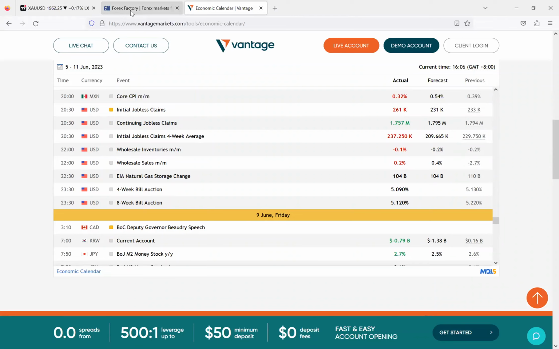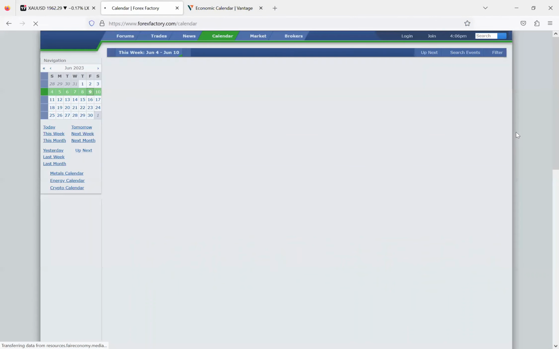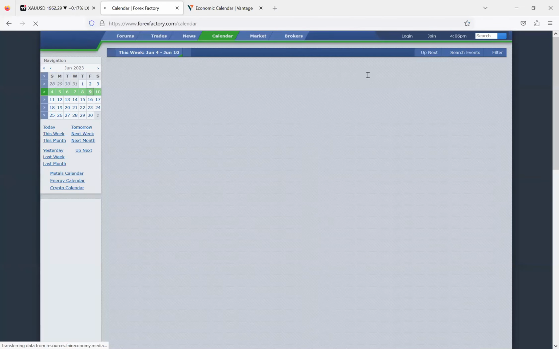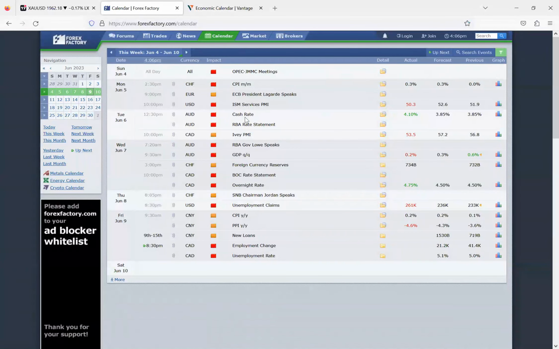So let's say you can go on to Forex Factory under economic calendar. You can also filter this according to the medium impact. So assuming that you only want to take note of the medium impact news events and the G7 currencies, then in this case, you can see that coming up, we have Canada's labor market data.